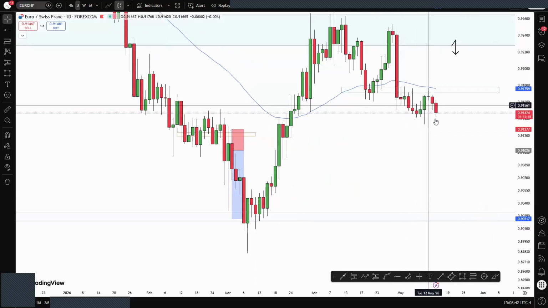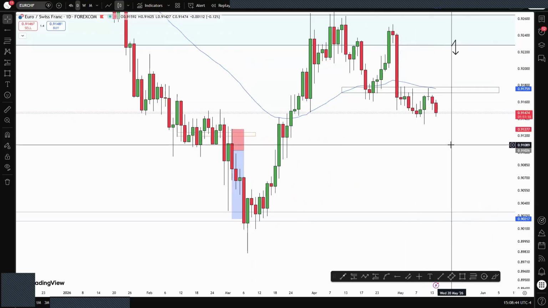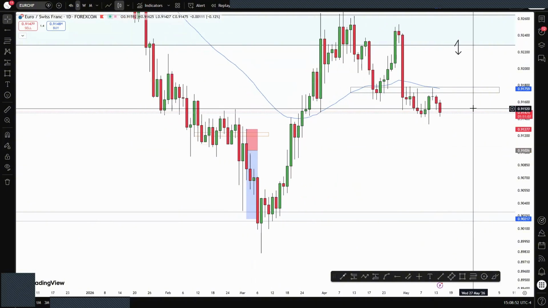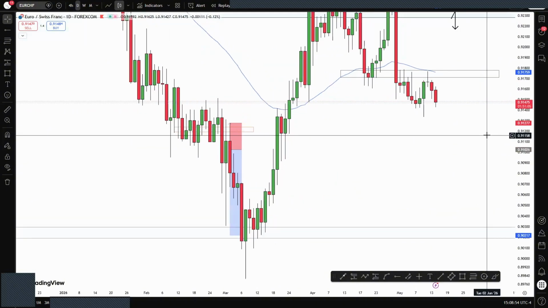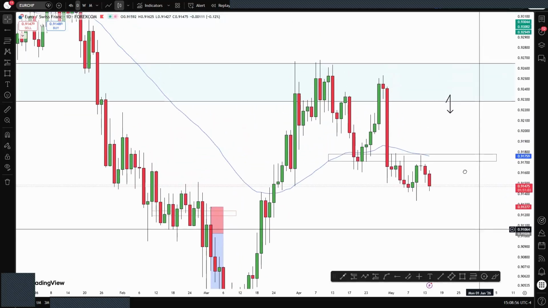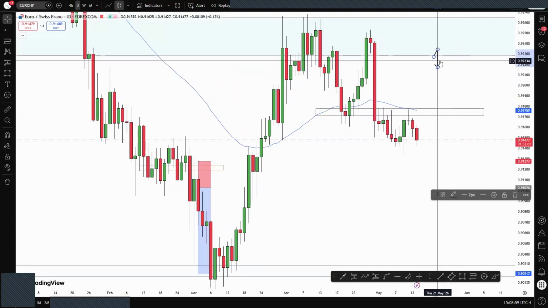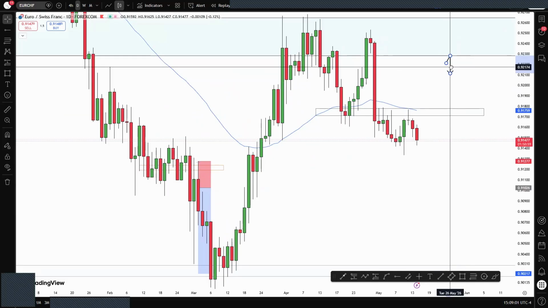For now, at this level where price is, I can't really take a sale. The only level where I can catch a sale is if price can return back at this level.